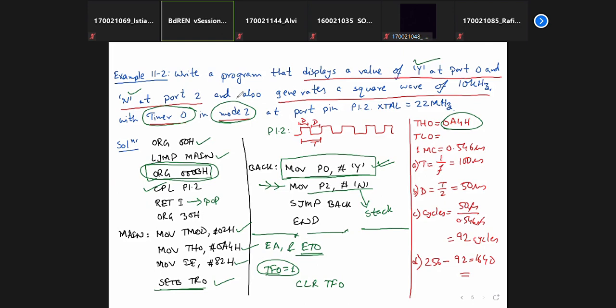That means once this counting by TL0 is over, it will again get a copy of TH0 and start counting. So if TF0 remains 1, how will it give the signal for the next instruction?